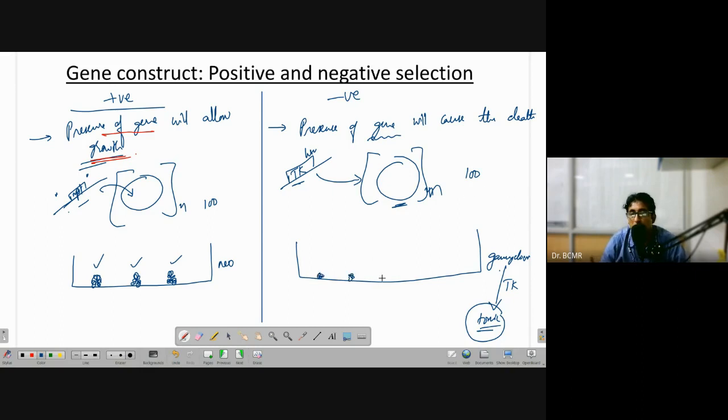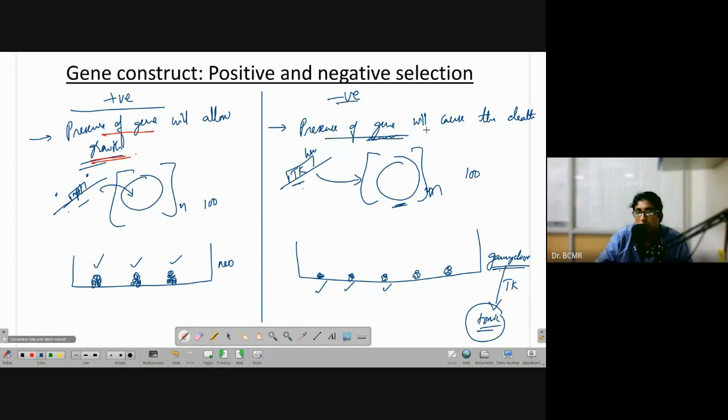We will only be able to find 5 colonies, because in the rest of the cells that have gotten thymidine kinase, when ganciclovir is taken up, it is converted to a toxic compound and the cell dies. These are the cells that are growing because they don't have thymidine kinase. So that is the negative selection.